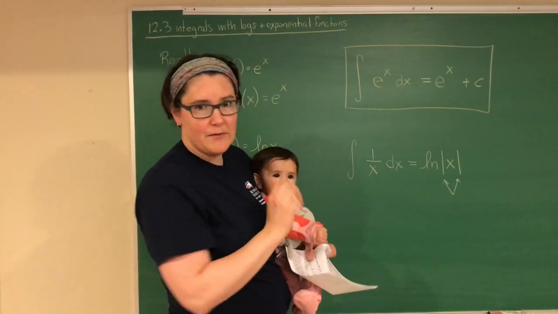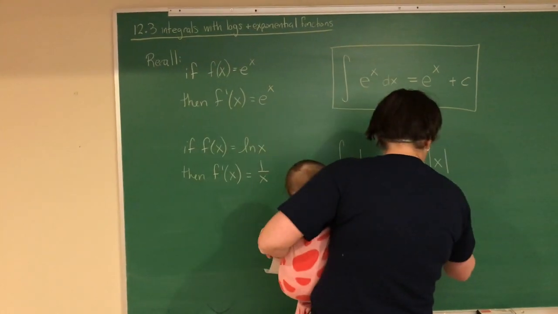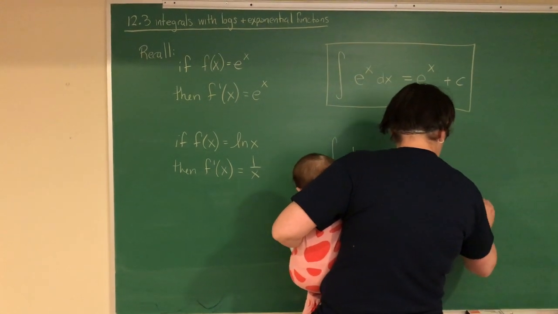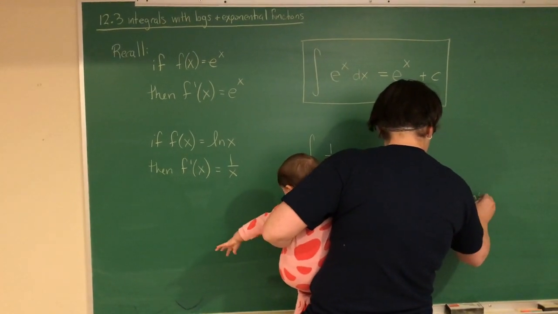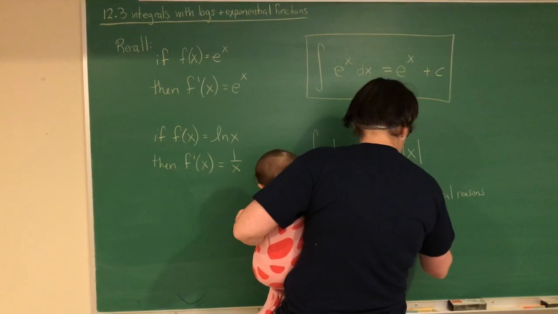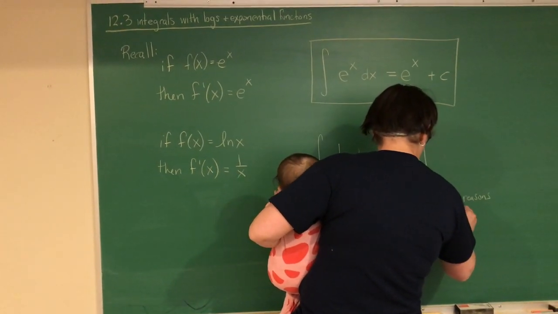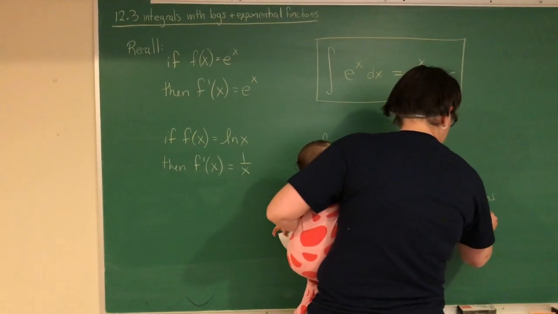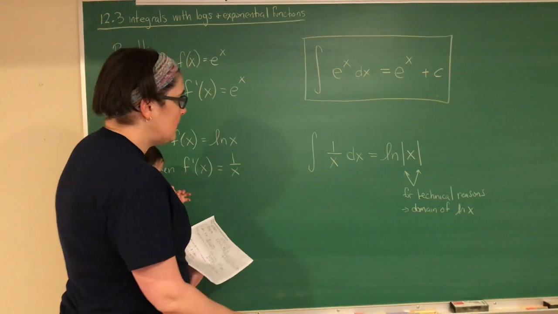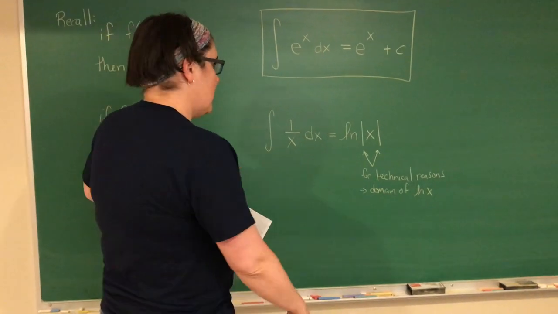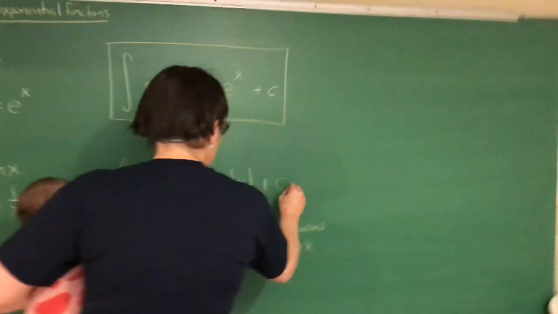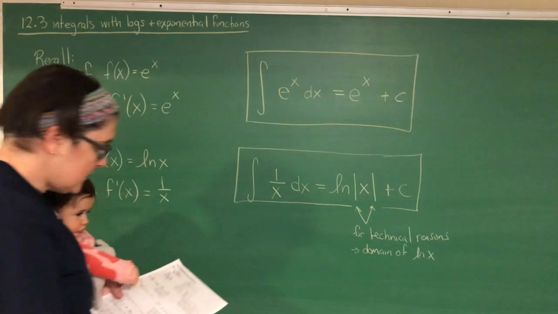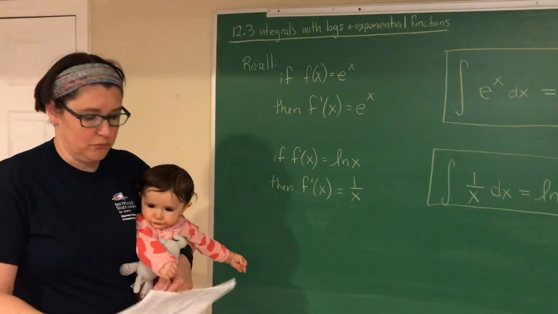So we throw in these absolute value bars, and those are there for technical reasons having to do with the domain of the natural log function. Okay, so the antiderivative of 1 over x dx is natural log of the absolute value of x. And then, of course, I want to add on that plus c at the end. Okay, so these are our two new antiderivative rules.